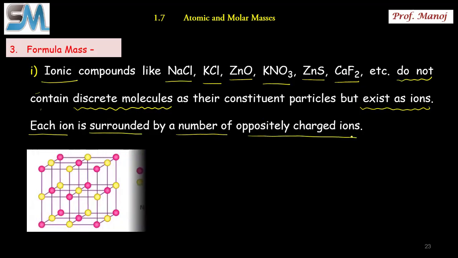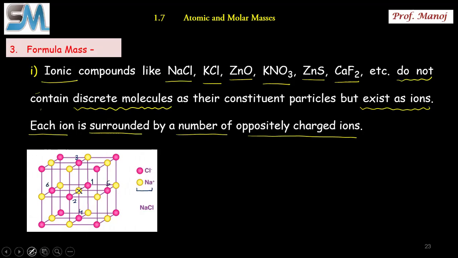Let me prove it with an example. This is a real life diagram of sodium chloride. Now, if you observe, the yellow circle, what you see here, is of sodium. So watch any sodium ion, for example, this one. And you can see it is being surrounded by 1 chlorine, 2nd chlorine, 3rd chlorine, 4th chlorine, 5th chlorine, 6th chlorine. So each ion of sodium is being surrounded by 6 chloride ions.